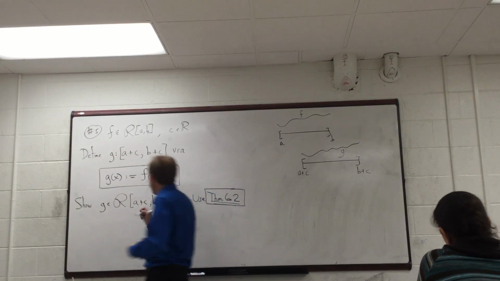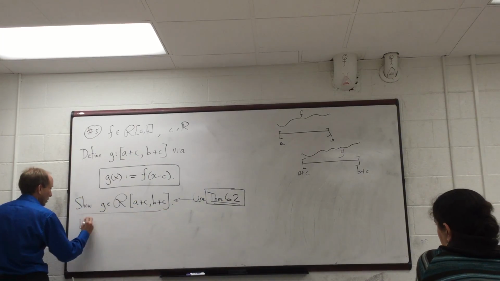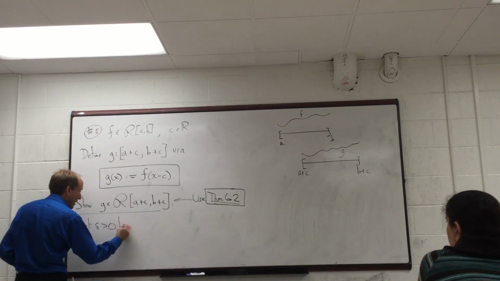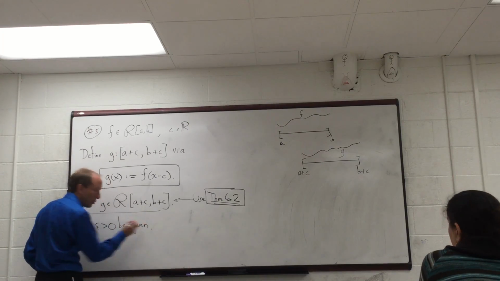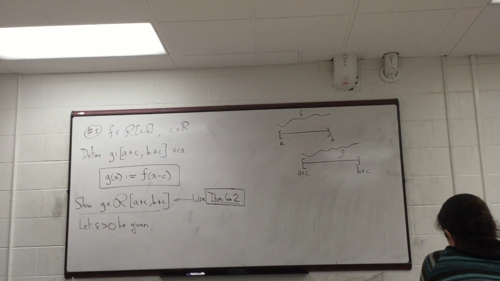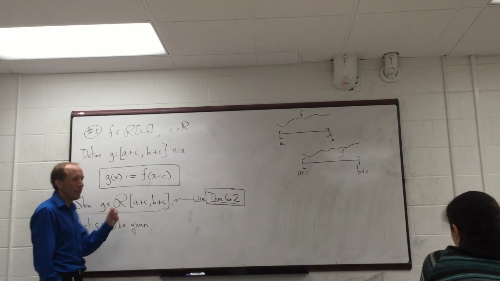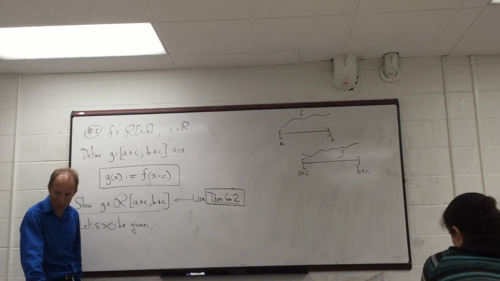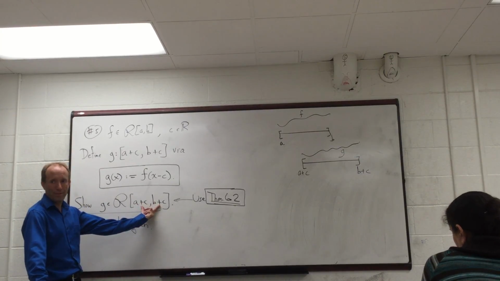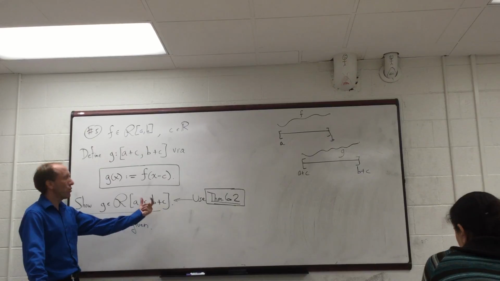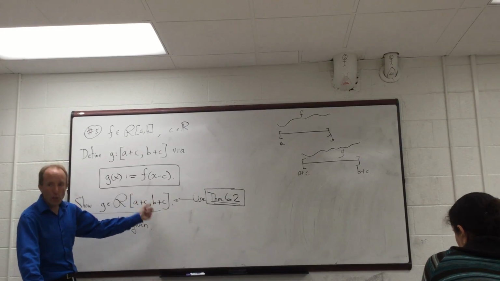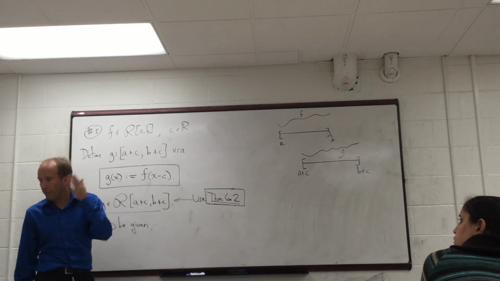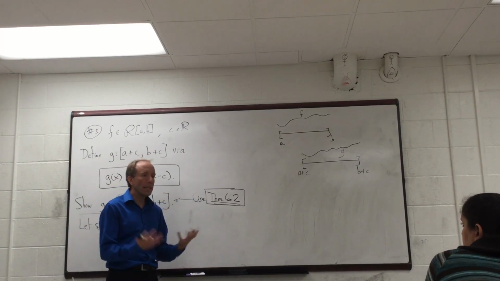Okay, so to do this, the first line of the proof, as is so often the case this whole semester, the first thing we write down is let epsilon greater than 0 be given. Our job is to come up with a partition of this interval such that U(P,g) minus L(P,g) is less than epsilon.